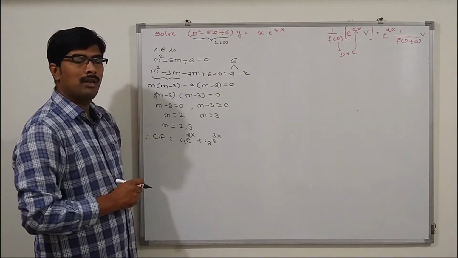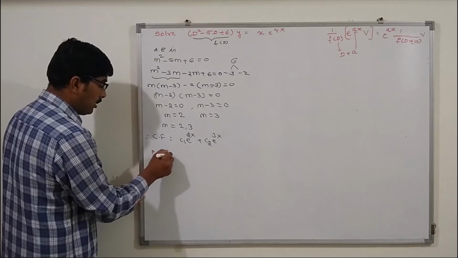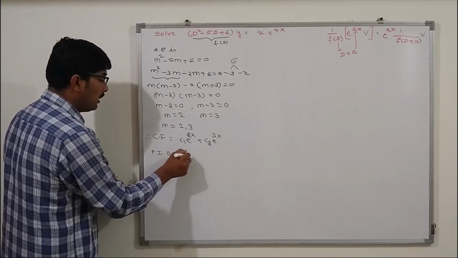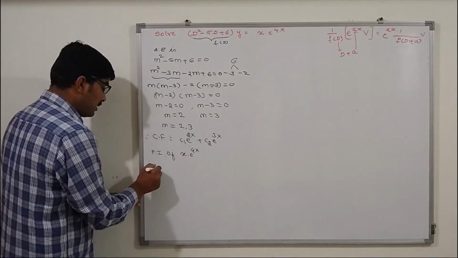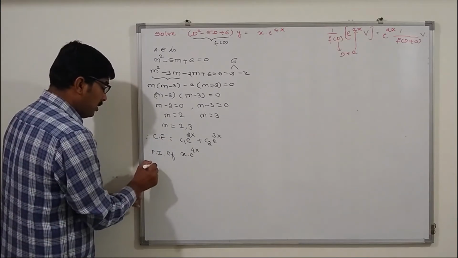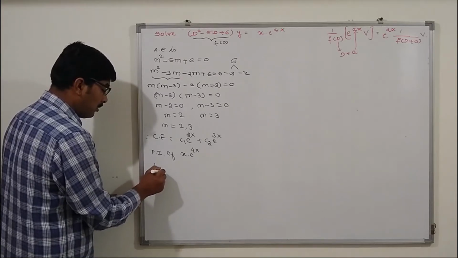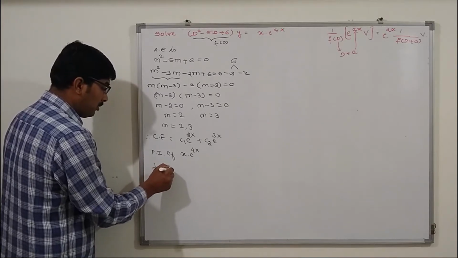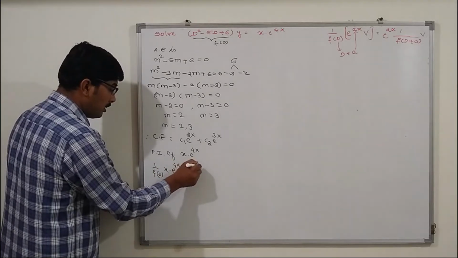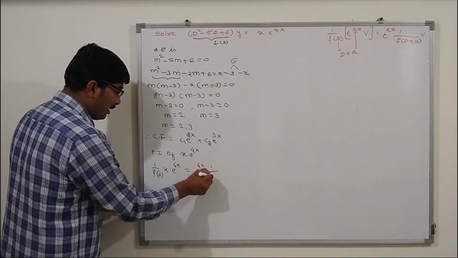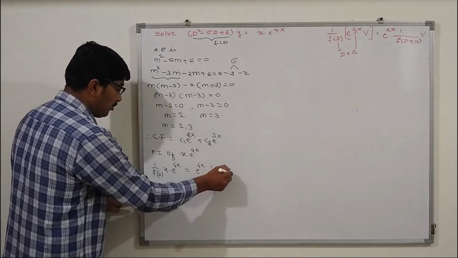Now we have to find the particular integral of the right hand side, the particular integral of x into e raised to 4x. So that is equal to 1 divided by f of D of x into e raised to 4x, which is equal to e raised to 4x into 1 divided by f of D plus a into x.